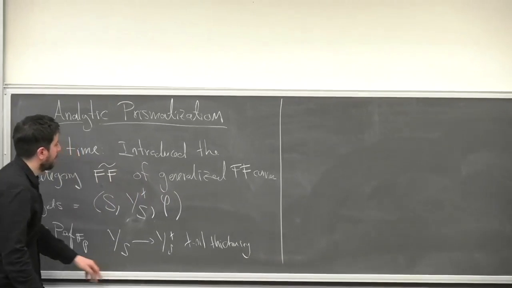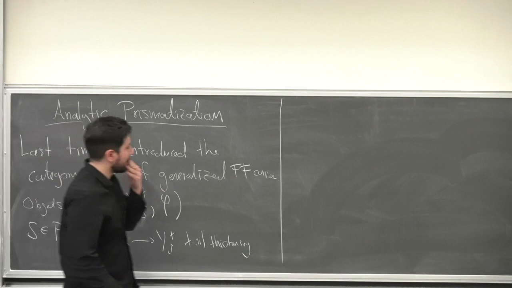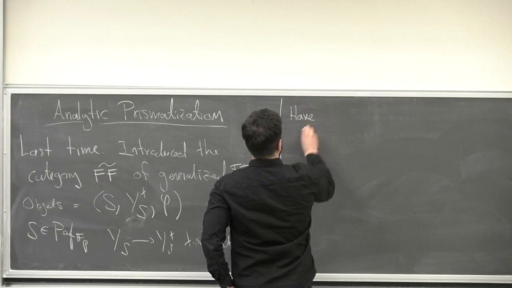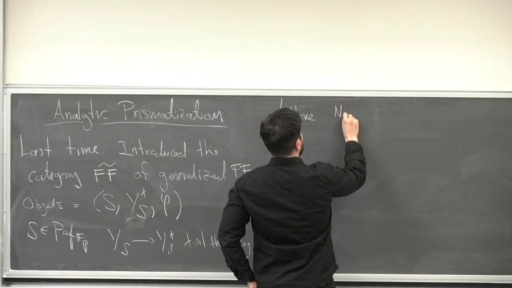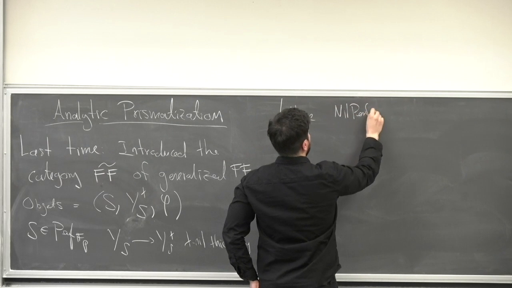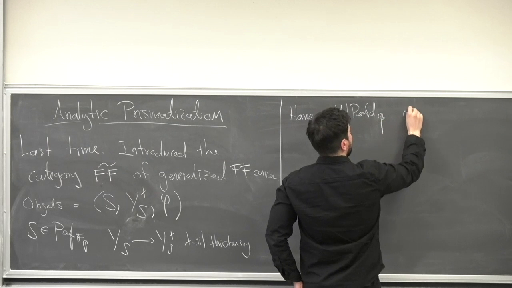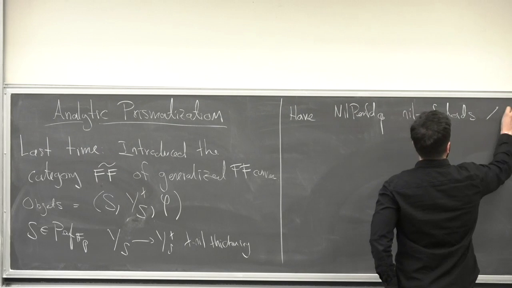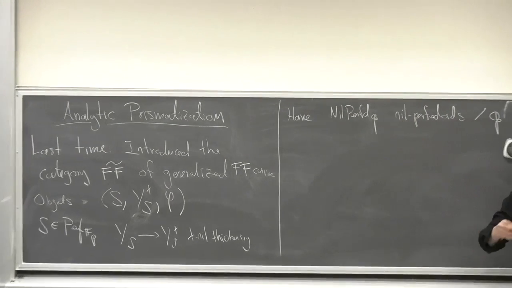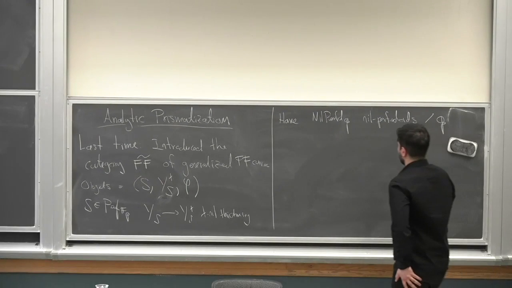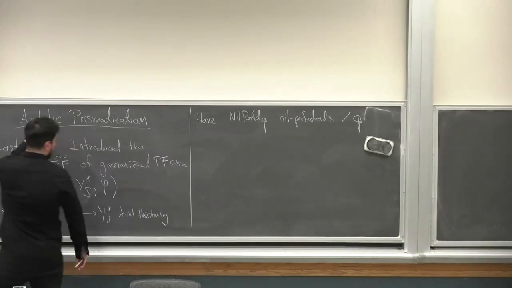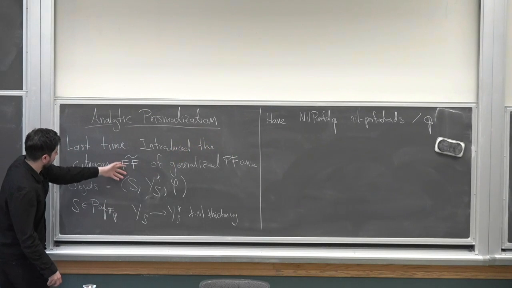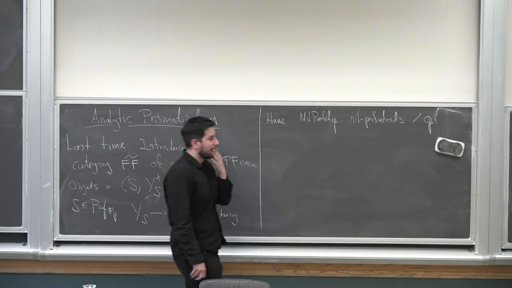With this category, we also have the category of these near perfectoid rings over Q_p. Again, this was some kind of generalization of semi-perfectoid rings or p-complete rings, and that were basically used to set up the geometry of all the objects appearing in the analytic prismatization.